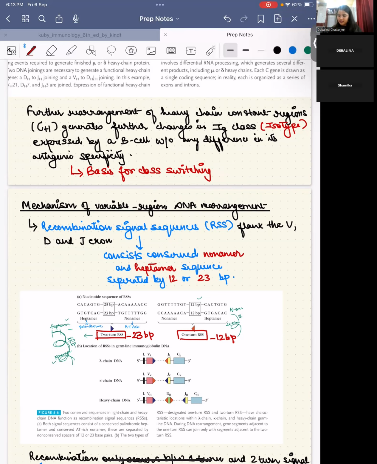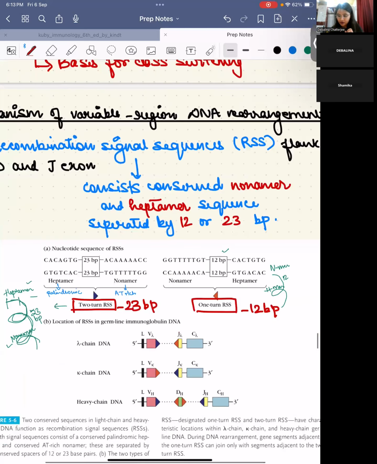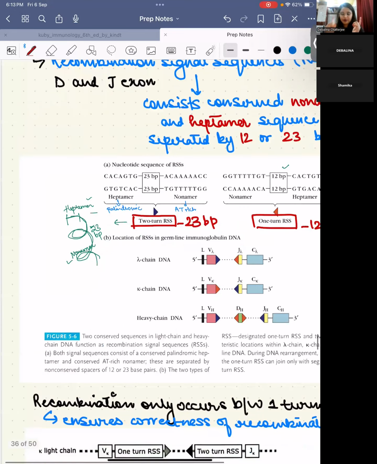These two sequences can be separated by what we call one-turn or two-turn recombination signal sequences, right? One turn corresponds to 12 base pairs of nucleotides, because of the spacing of the DNA that we all have, when there is a 12 nucleotide gap, it completes one helical round.